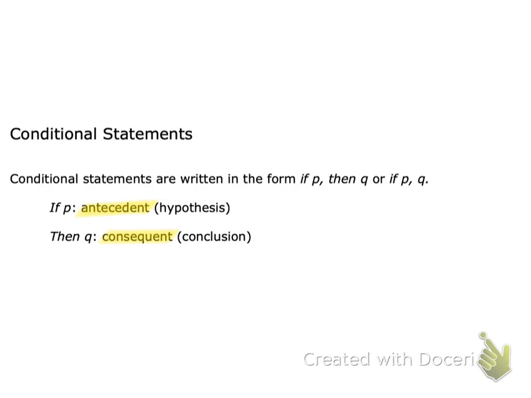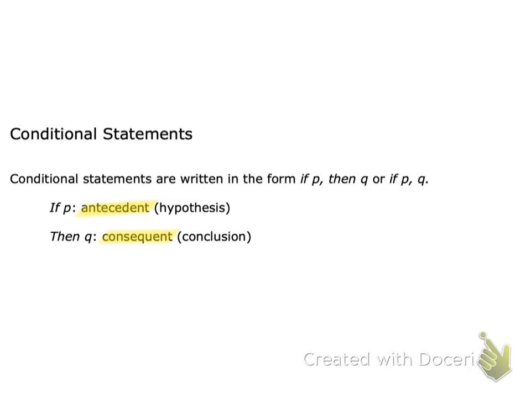Now, what's important to keep in mind is we're going to talk later about equivalent forms. What I mean by that is there are ways to write these statements where the if P doesn't actually come first. It's actually the second part of the statement, and the then Q is the first part.